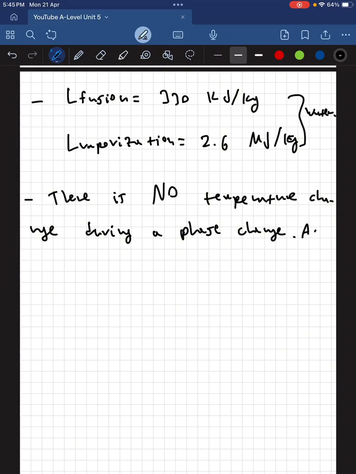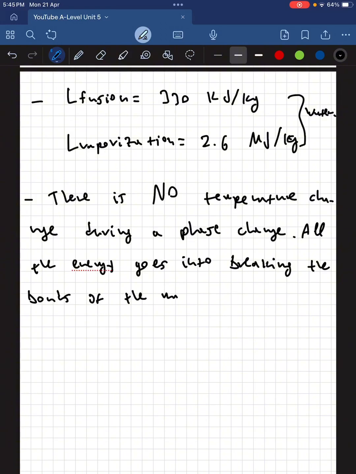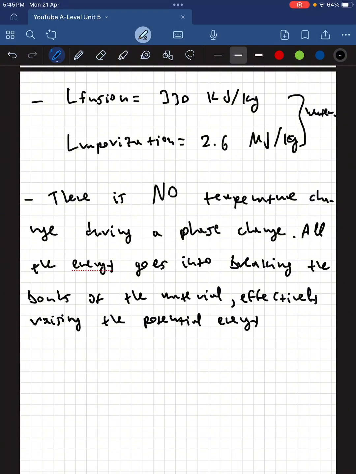Okay. All the energy during a phase change goes into breaking the bonds of the material, effectively raising the potential energy U. Okay.